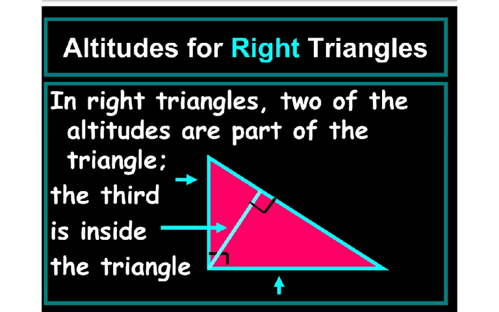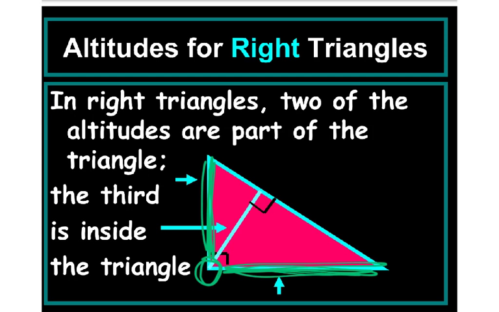Right triangles, the altitudes actually meet along the edge, like it's on the side, which will be right here in this one, because this is an altitude because it's straight up and down, and this is an altitude because it's straight up and down if you turn the triangle the other way.